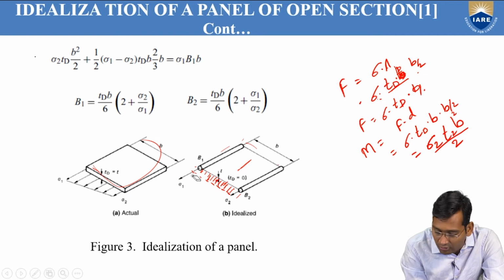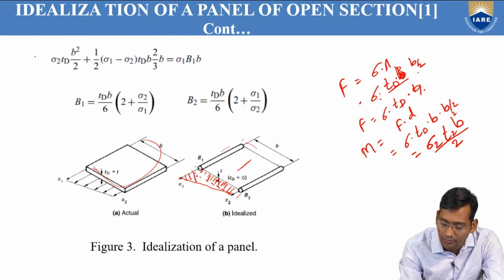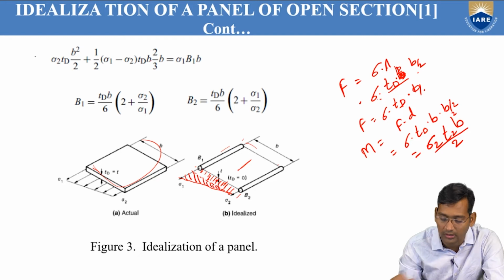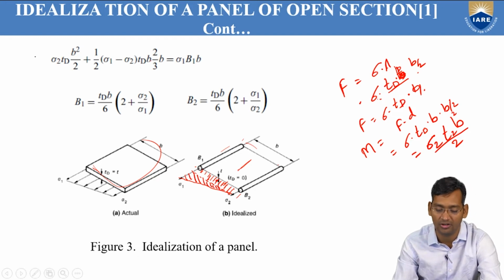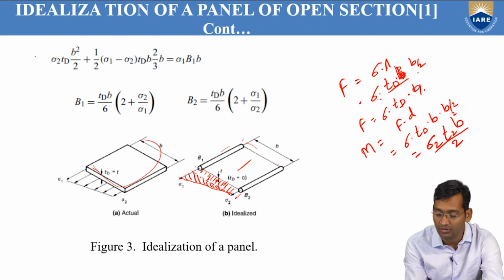Now what about this one? After drawing, this is forming a triangle. For a triangle we have to find where the center of gravity is acting. From this side it's at 1/3, and from the sigma 1 side it's at 2/3.